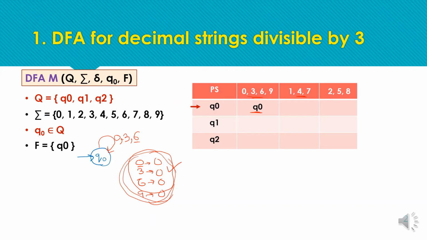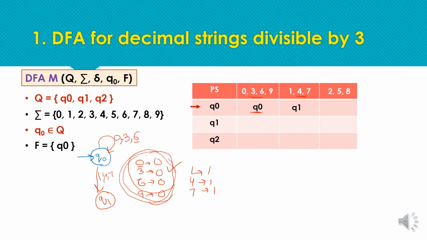So on getting a 1, 4 or 7 at Q naught, as we have received nothing before, we will have remainder 1. So we need to move to the state Q1 for this input. We can mark the transition for 1, 4, 7 to state Q1.